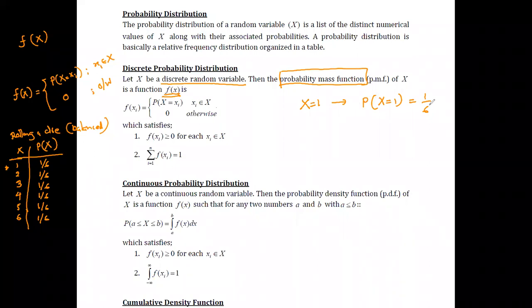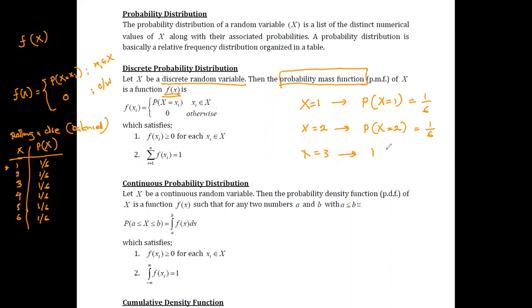That is why we can say 1 over 6. Similarly, for x equals 2, the probability of obtaining x equals 2 is again 1 over 6. Then x equals 3, the probability is 1 over 6. Likewise, for x equals 6, the probability of getting x equals 6 is 1 over 6.